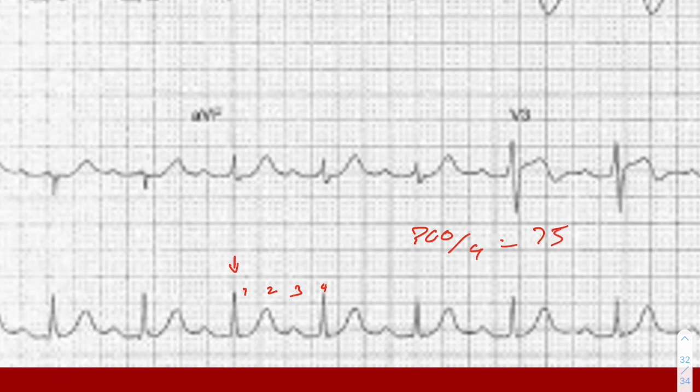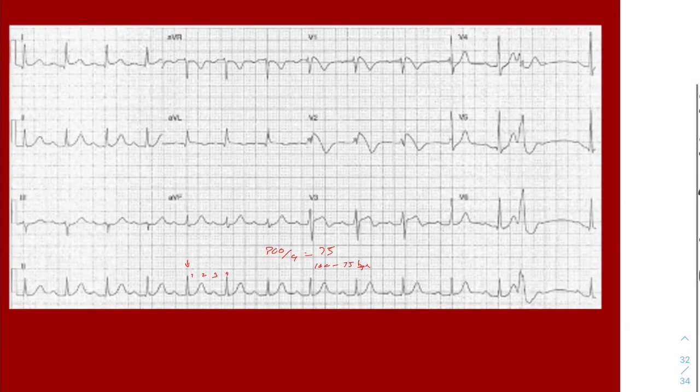It's definitely more than 75 because it's between 3 and 4, so somewhere between 100 and 75 beats per minute.